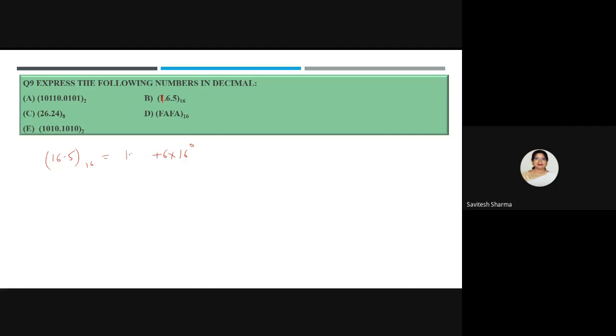The expansion formula I am using here. For the point, I will write 5 upon 16 to the power 0. So your result will be 22.3125.